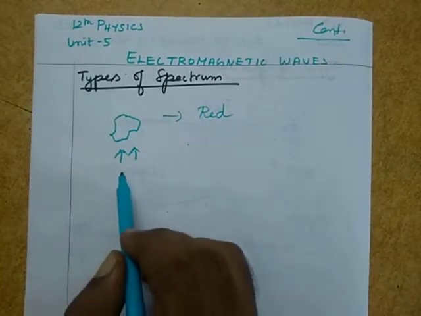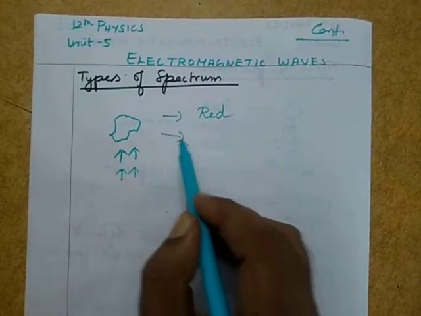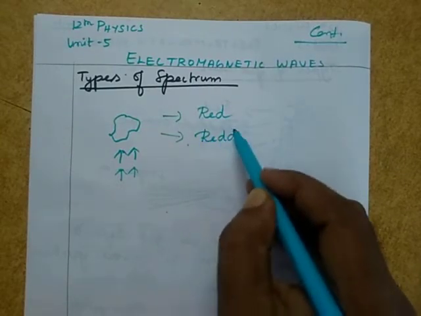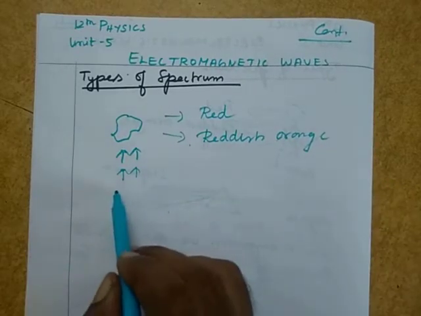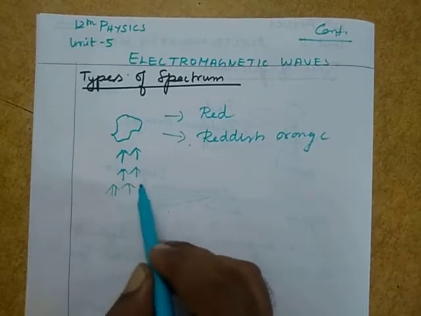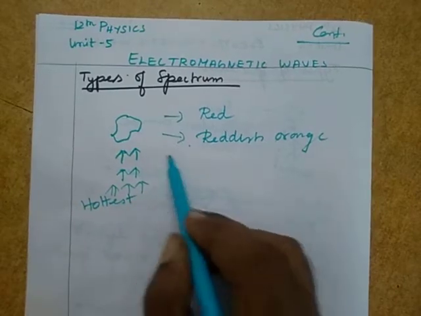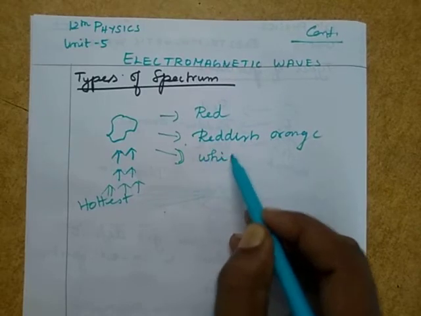Further I increase the temperature, at that instant it will glow reddish orange. Then increase the temperature, it is the hottest, at that instant it will be white.